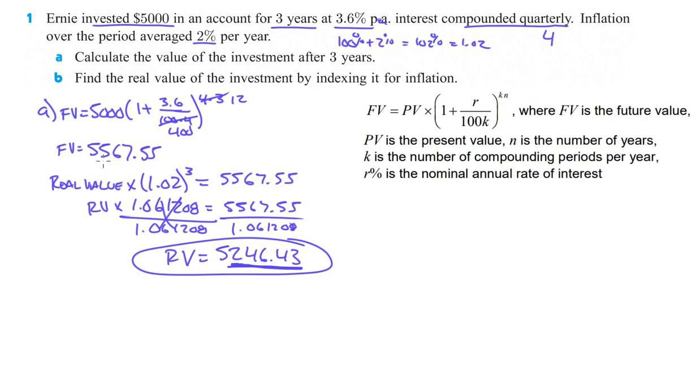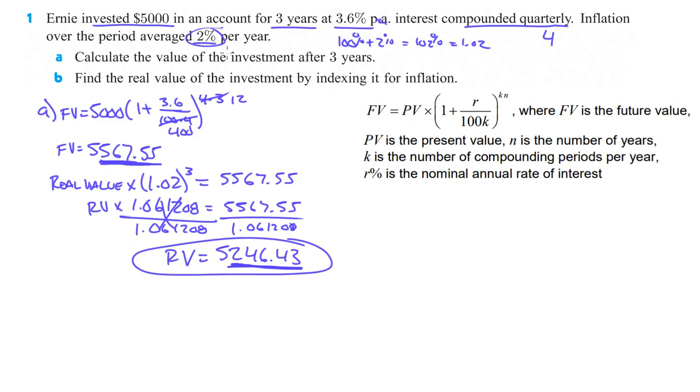Even though he's gained $567.55 in his bank account, really he's only gained $246.43 in value because of the depreciation, because of the inflation being at 2% per year.